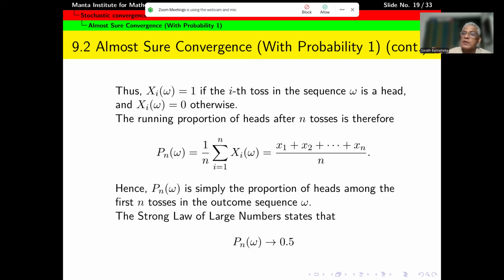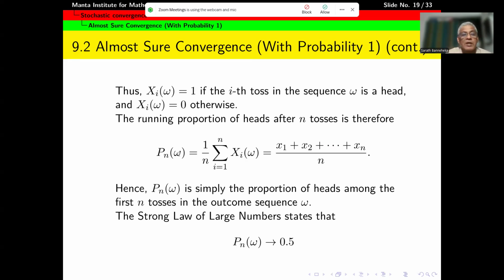If you consider, for example, the mean of the first n components in that sequence, that will be the number of ones divided by n. And that is actually the sample proportion of successes in the first n experiments. So let us denote it by Pn omega.